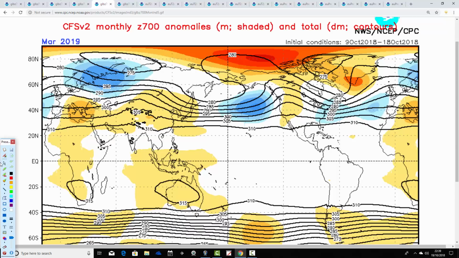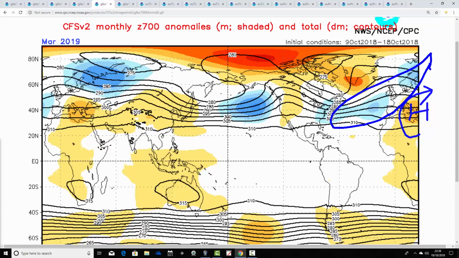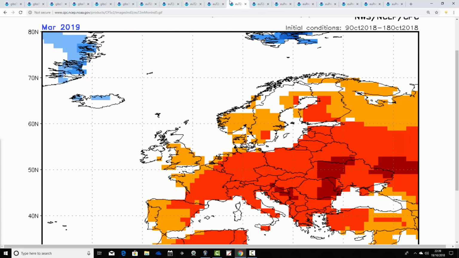I suppose that ridge across southeastern Europe would be bringing up some quite warm air, but you think that will be going into the east of Europe, really. You wouldn't really expect that to be impacting things in the northwest. So quite how CFS is coming up with such an exceptionally warm month in March, based on the 500 millibar height anomaly, I'm not sure, but again, it is going for a very mild month through most parts of Europe.